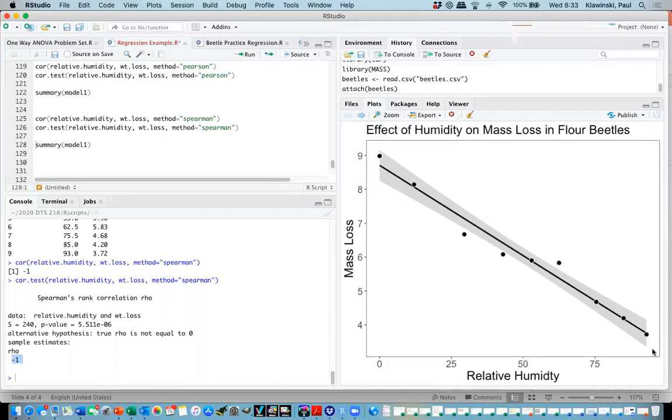Where it's much more variable at low values of x, and much less variable at high values of x, what can happen sometimes is that won't appear as a significant regression, because depending on how wide this band is, you might not be able to fit a slope of 0 through that regression band.